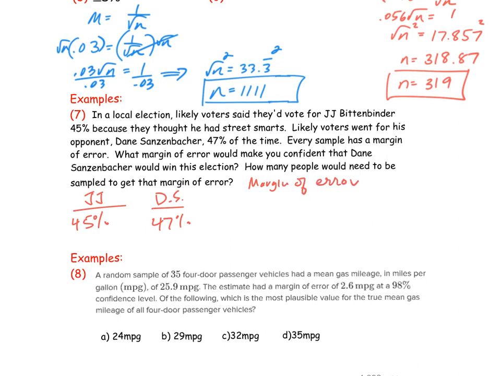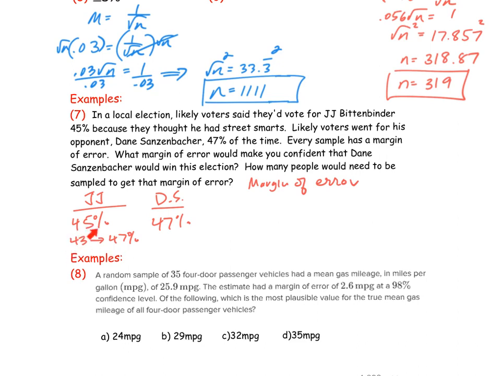If the margin of error was 2%, then JJ could actually be anywhere from 43 to 47%. And how does that make sense? Well, all I did to find that was, if I had a margin of error of 2%, I'd add 2 or subtract 2 from 45. So because there's a margin of error, you're not sure that it's 45.